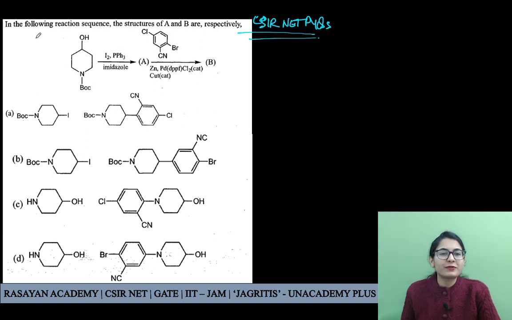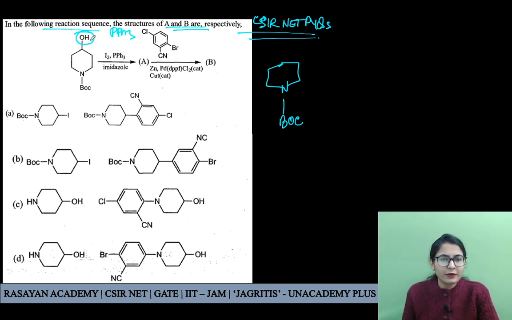Okay, so first of all, you have in the following reaction sequence the structures of A and B, respectively. Over here you have an OH bond. Now this OH bond is going to be very easily converted to iodide. Why? Because there is phosphine.